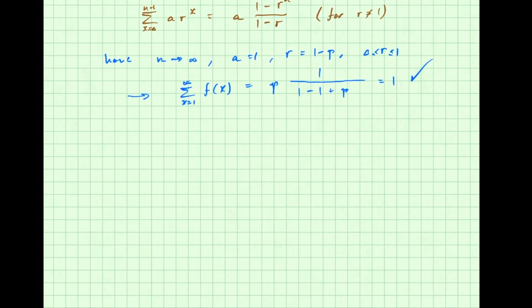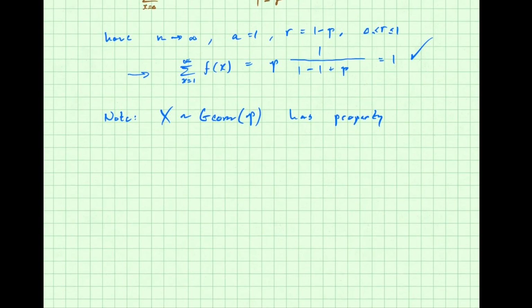All right, and now this distribution has an interesting property that gets a famous name. So I'm just going to say note. If you have a random variable x that has a geometric distribution with parameter p, there's this kind of cool property, and I'll just write it down here.